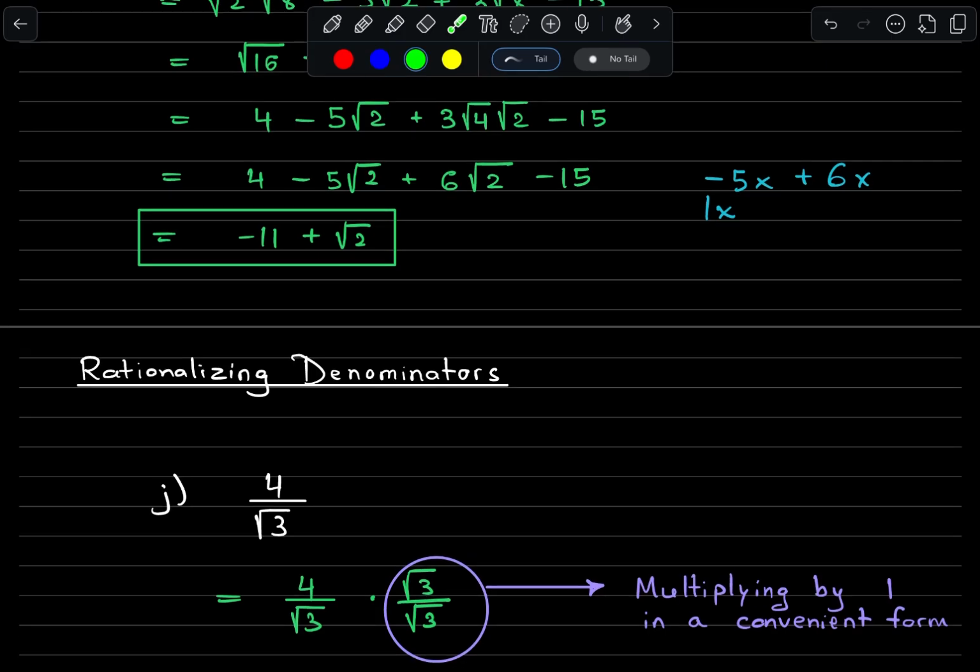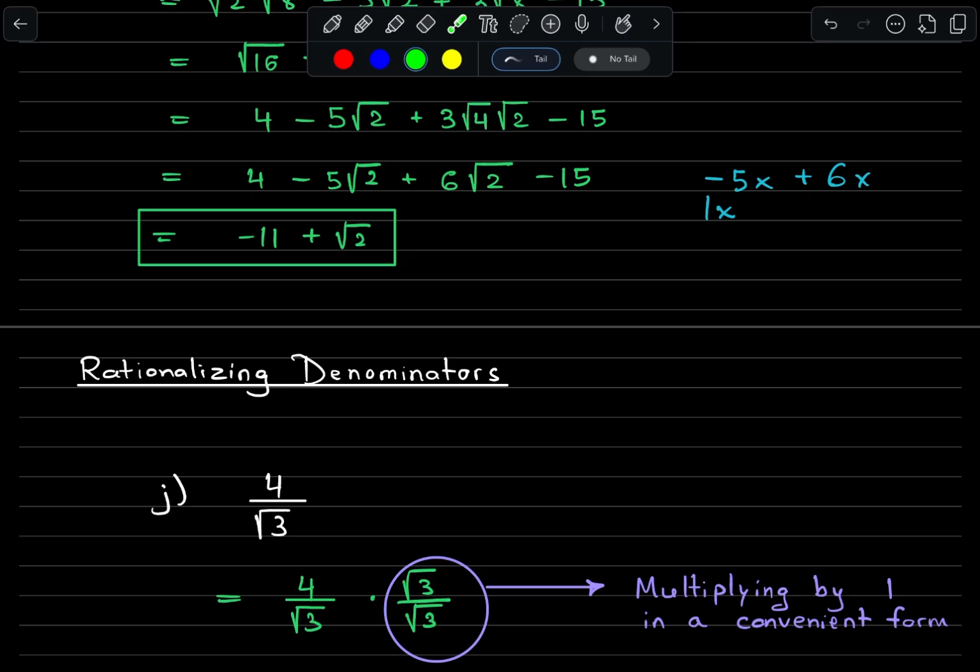So the way this works, we're going to do the same process that we were doing last section, where we're multiplying by 1, but in a convenient format. So we can multiply the top and bottom by anything as long as it's the same thing, right?